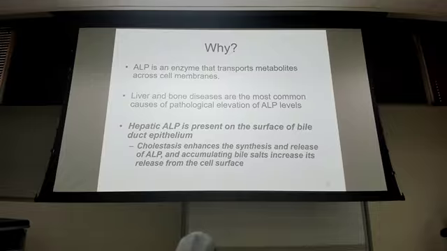And so you'll get the bile salts accumulating as release increases from the cell surfaces. So we measure it and go, okay, something's going on, some type of obstruction, physical, like a stone or a stricture, something closing off the path of the bile, or for some reason, could be genetic as well. We have an issue with the bile flowing from liver to gallbladder.